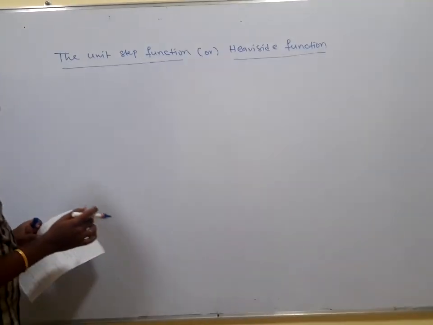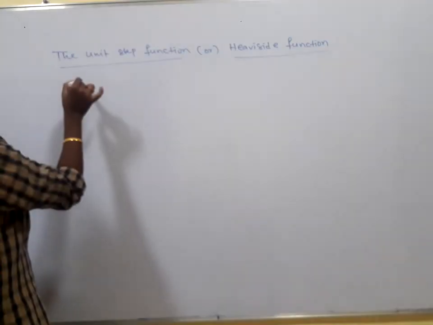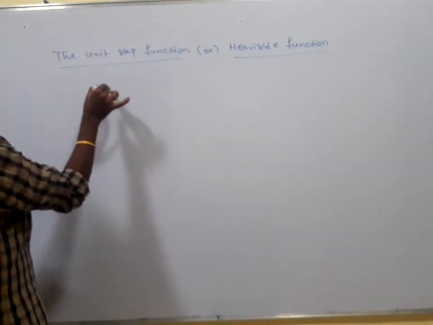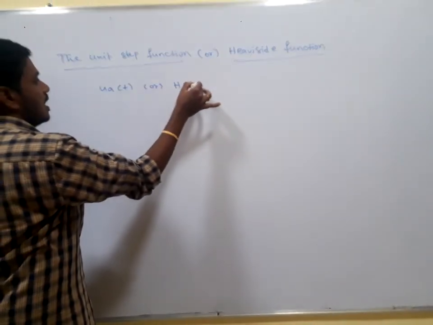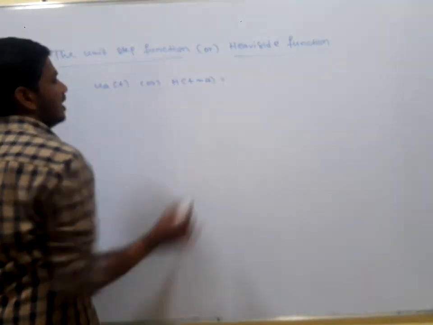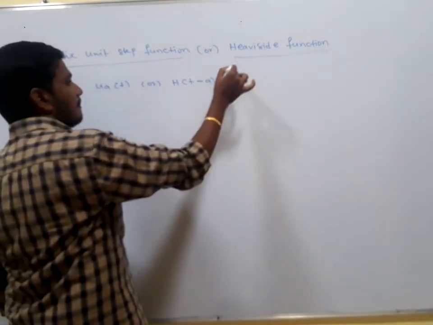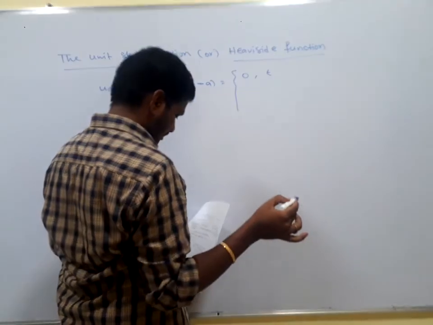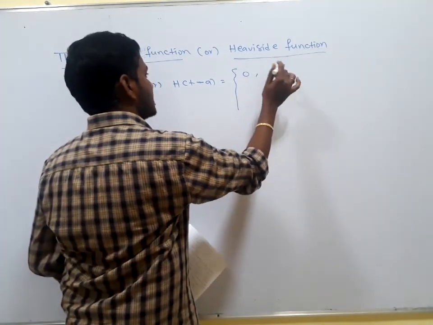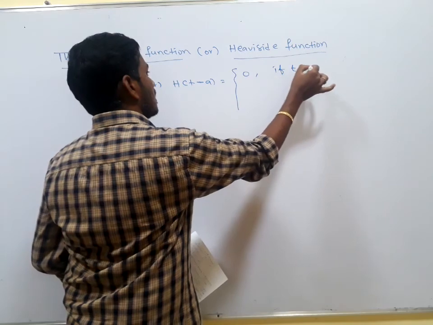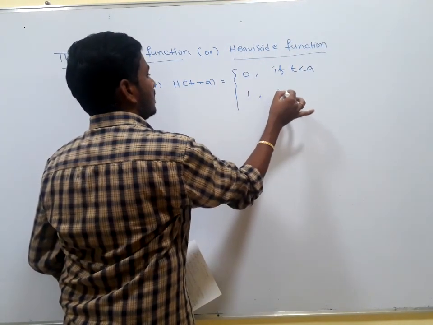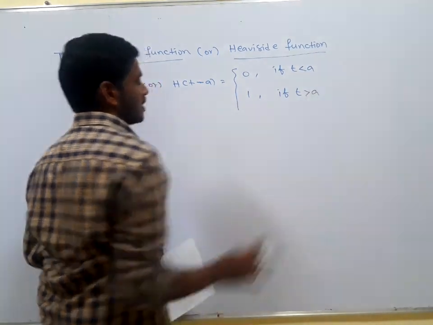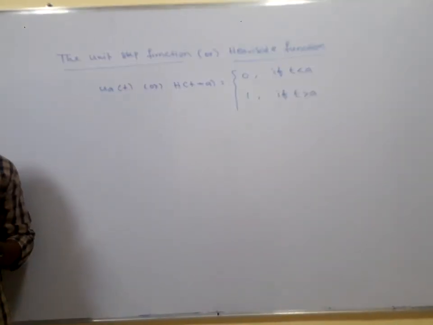The unit step function or a Heaviside function is denoted by ua of t or h of t minus a, and it is defined as 0 for t less than a, and 1 if t is greater than a. This is the definition of the unit step function or Heaviside's function.